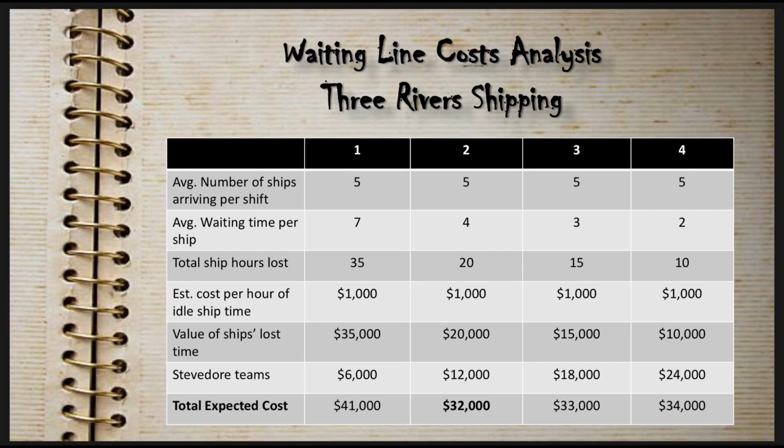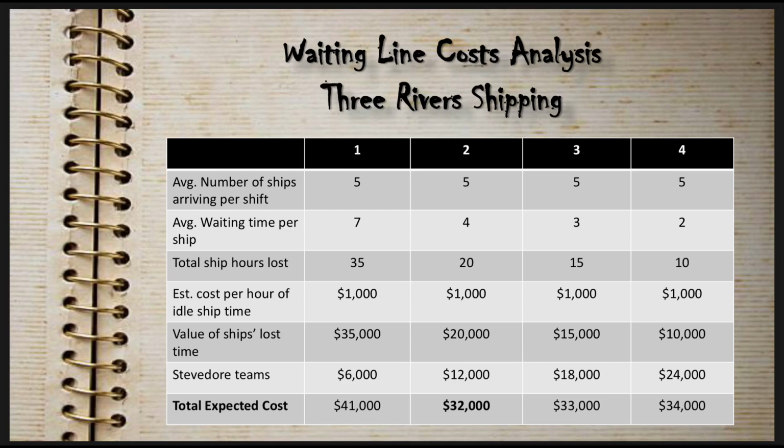So, dyan, madali lang din. Let's just multiply yung total ship hours lost and yung estimated cost per hour, yung pang-apat. Take for example, dyan sa first row, yung 35 sa total ship hours lost, i-multiply natin siya sa estimated cost per hour of idle ship time.